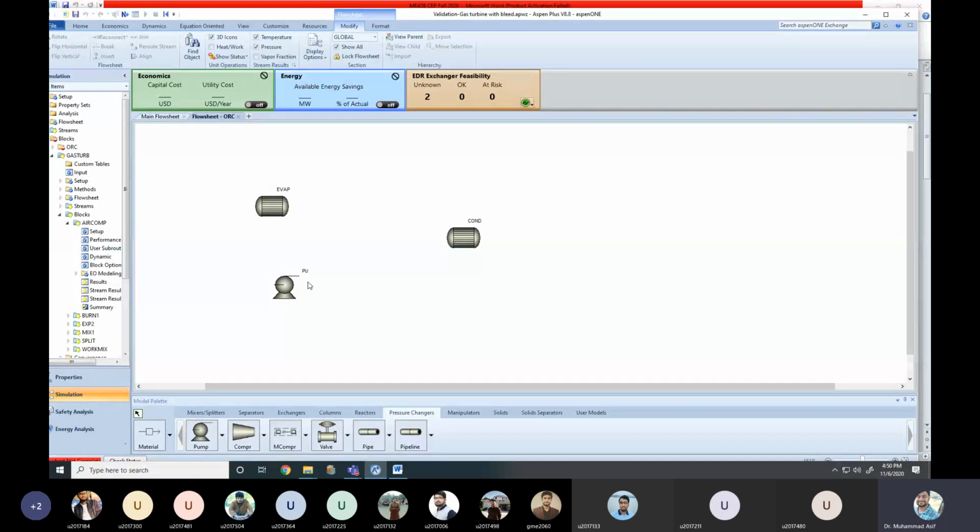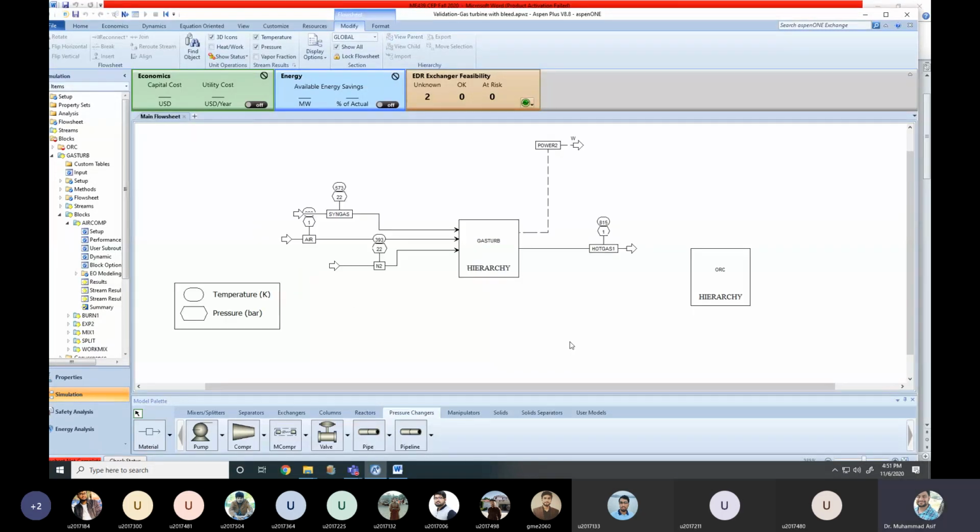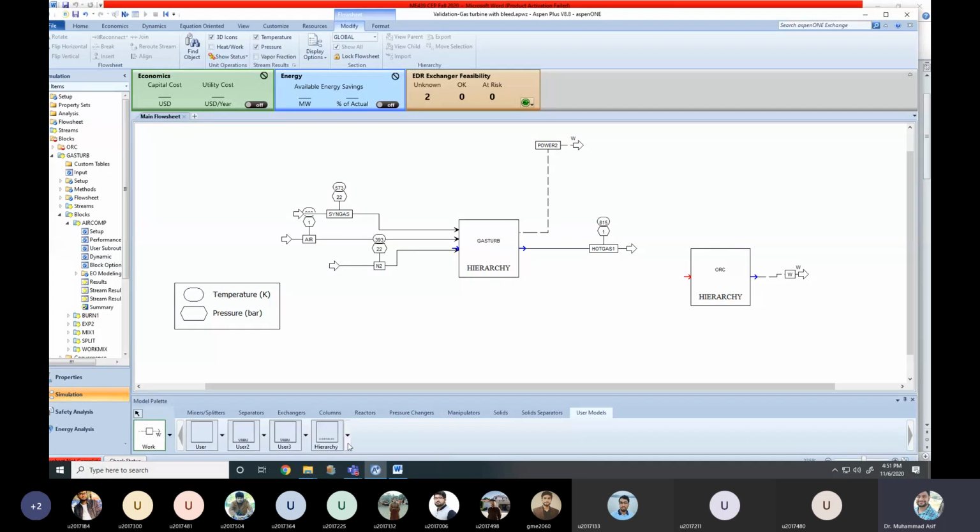The electricity produced in the ORC, not the material stream, sorry, that will be the work output. The work output W produced in the ORC will be used in the vapor absorption refrigeration system. So you will create a new user model here.